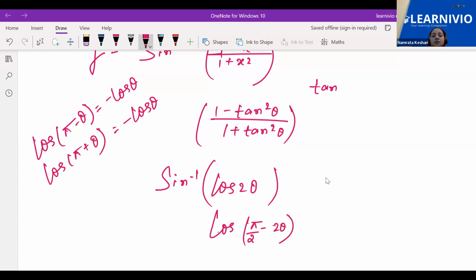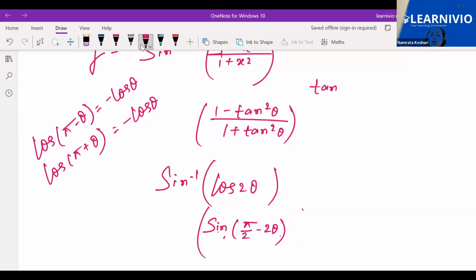Here cos of 90 minus theta, pi by 2 minus theta, is just... we are writing cos, we must write sine, right? Because otherwise it's not making sense. Yes. We must write sine of pi by 2 minus theta. That is just cos theta.